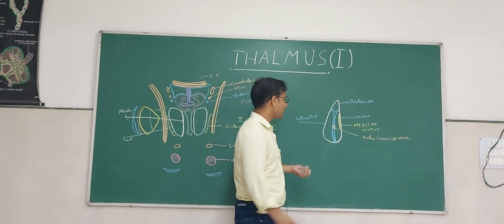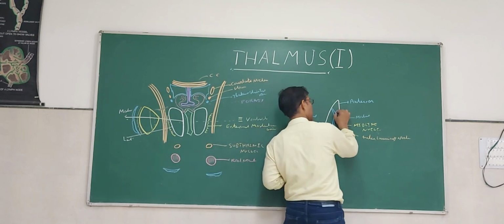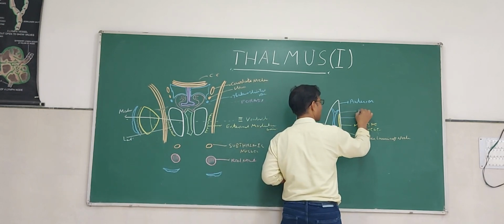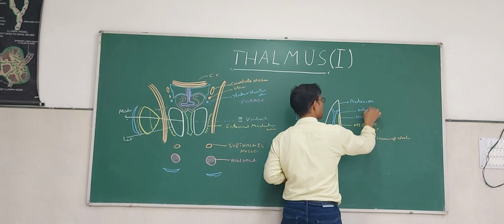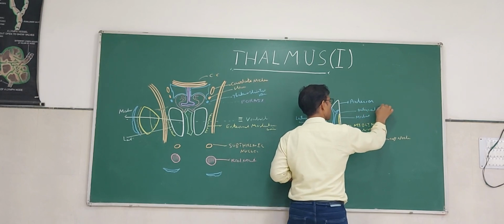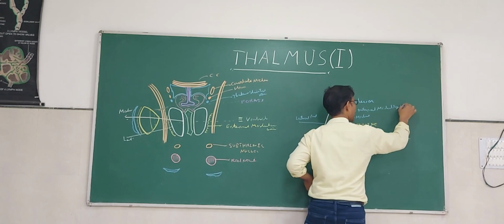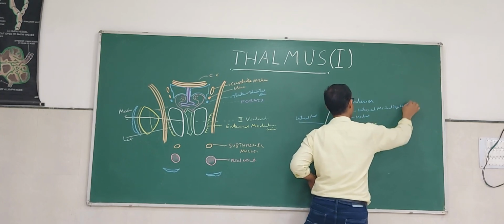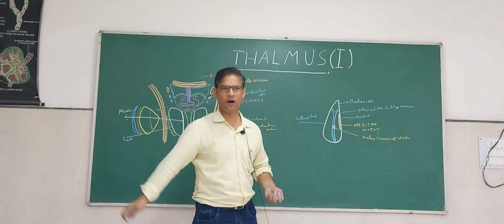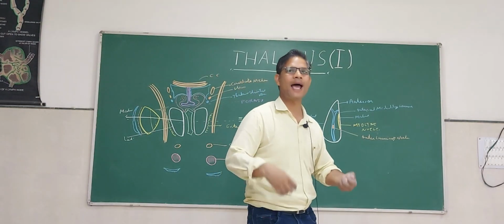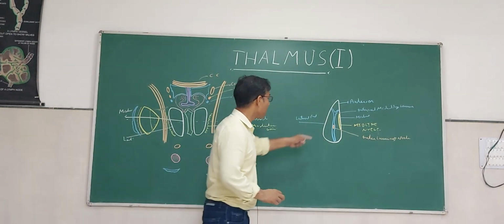This whole strip is known as the internal medullary lamina. This Y-shaped strip of white matter is the internal medullary lamina.